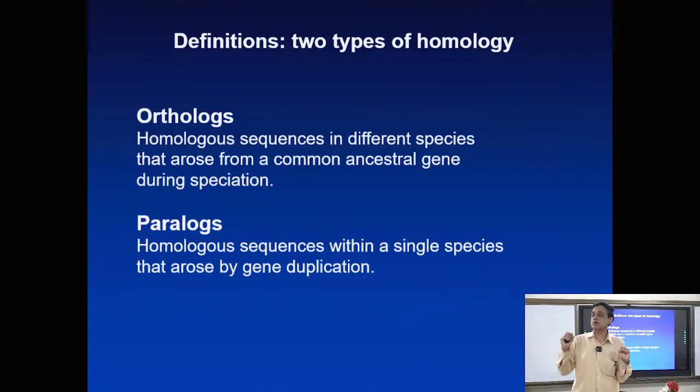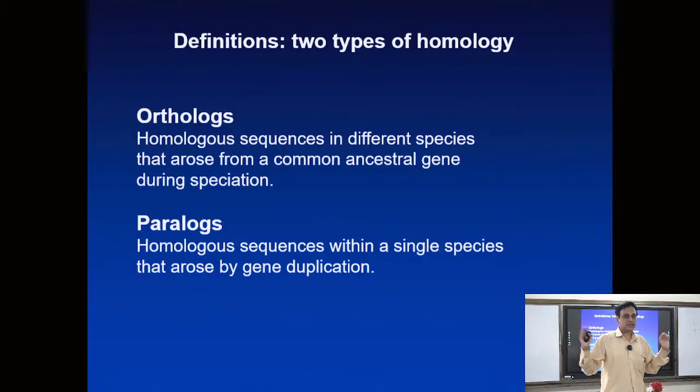Orthologs are homologs that have arisen because of speciation. So new species evolve, and because of this, there are sequences in the different species, including the new species, and those sequences are orthologs.